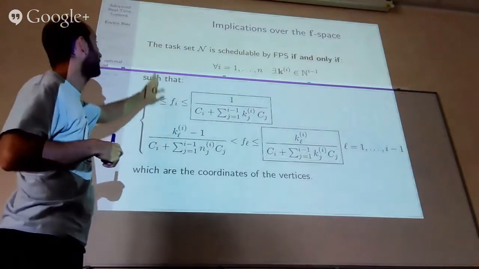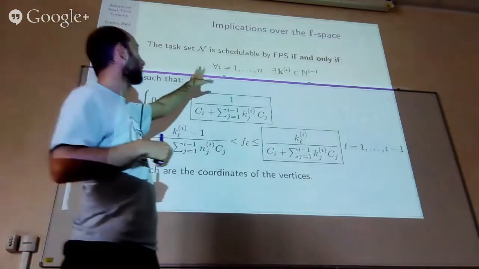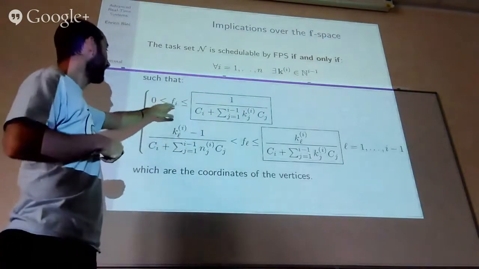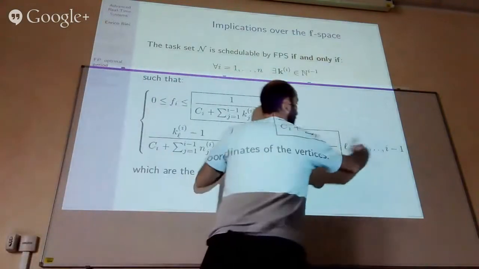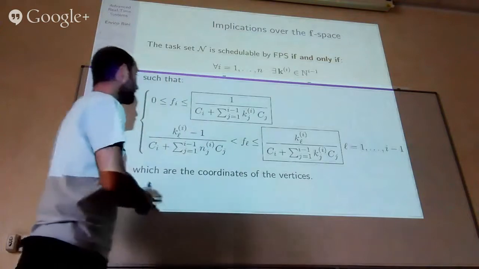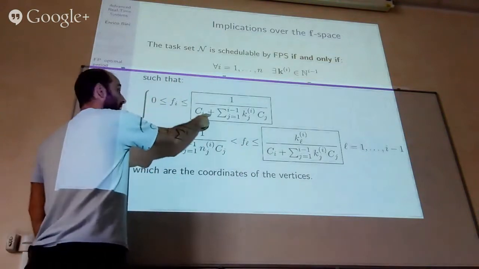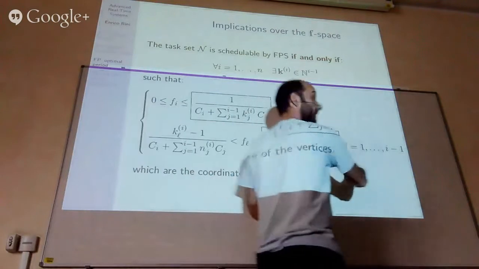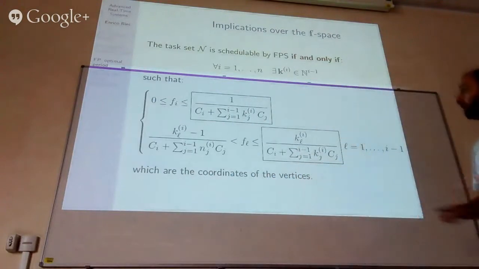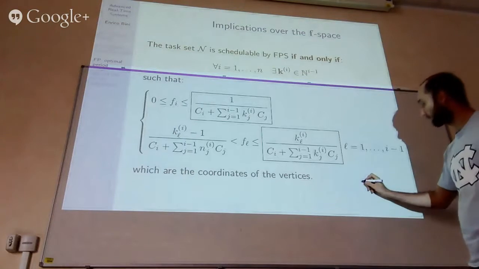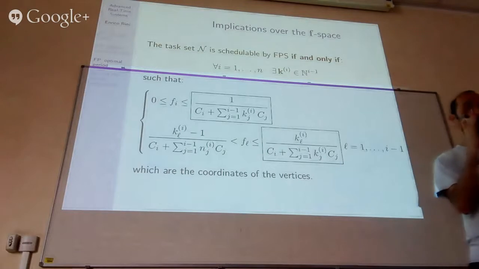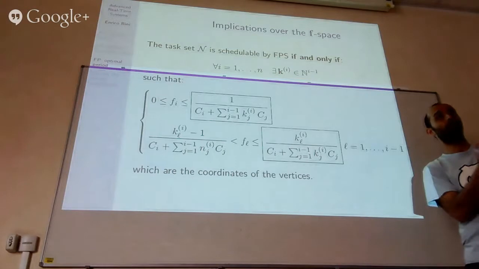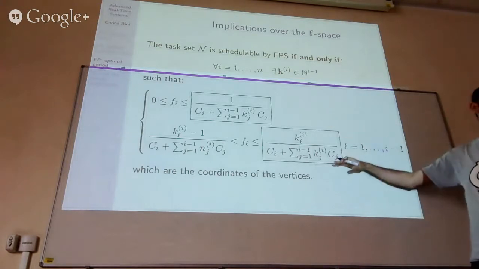A task set is schedulable if for all i there exists K such that Fi is in this boundary, and Fj and Fl, for all these l, are between these boundaries. You can see that here there is no task frequency. Basically, this is just a box in the space of frequency, because each frequency is bounded from left and from right.